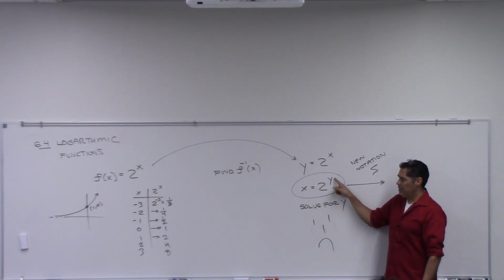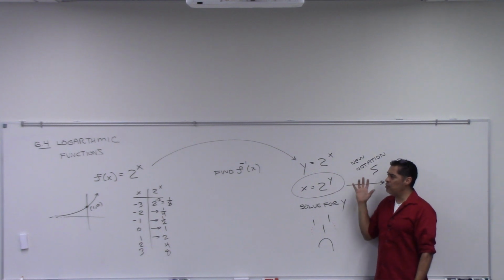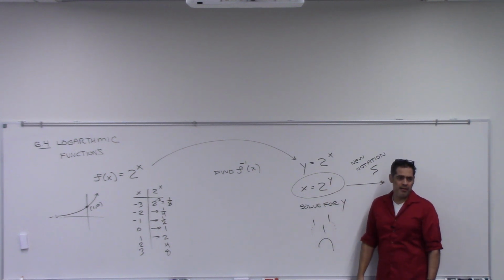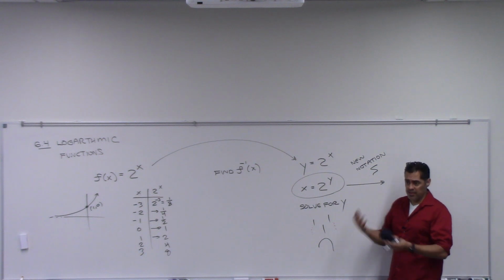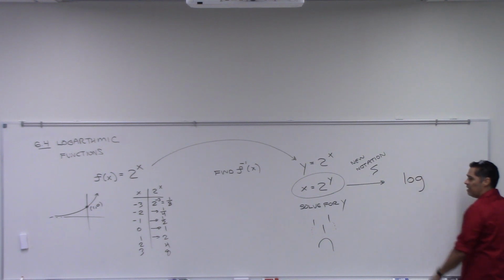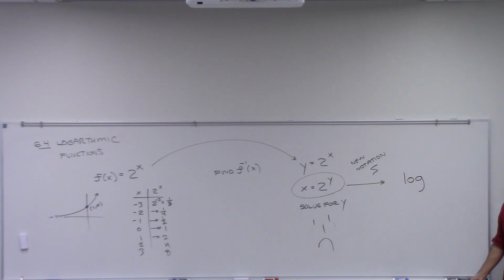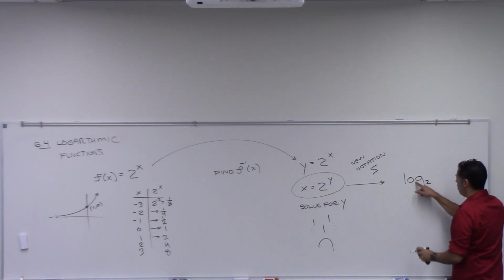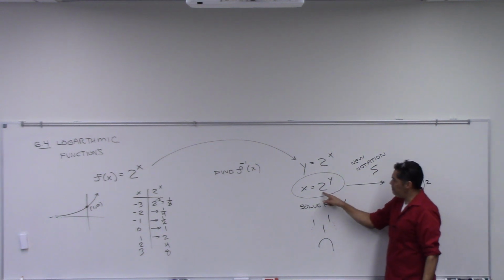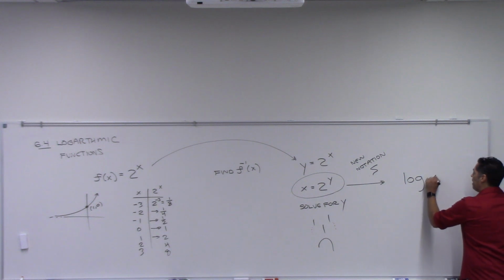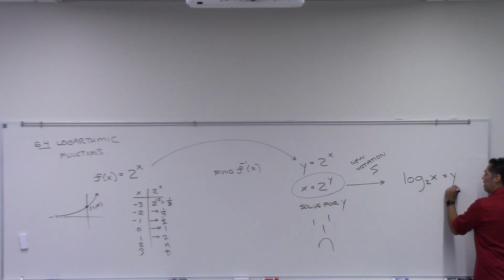So we have to come up with new notation that represents this relationship between x and y. The notation that was chosen is this: we write log, which stands for logarithm, and below it a subscript of the number 2. Whatever the base is becomes the subscript of the log. Then you put x here, and then equals y.